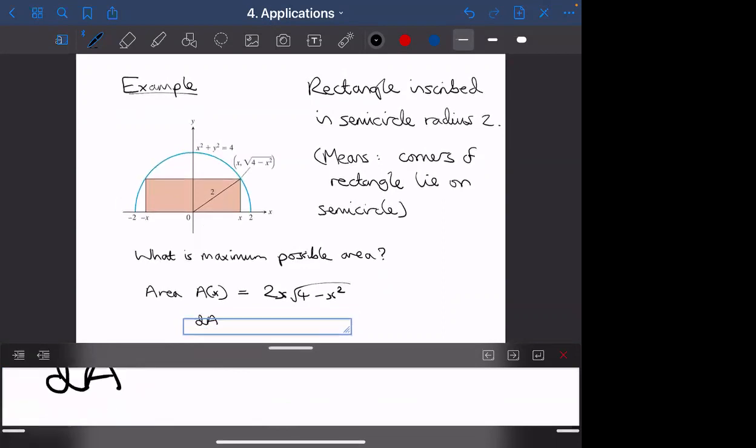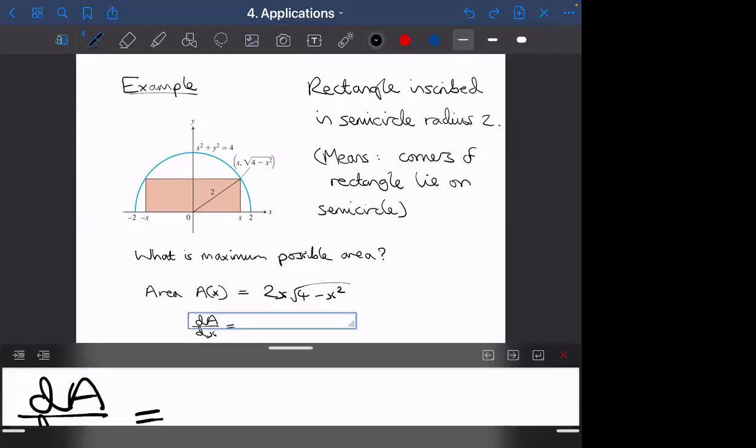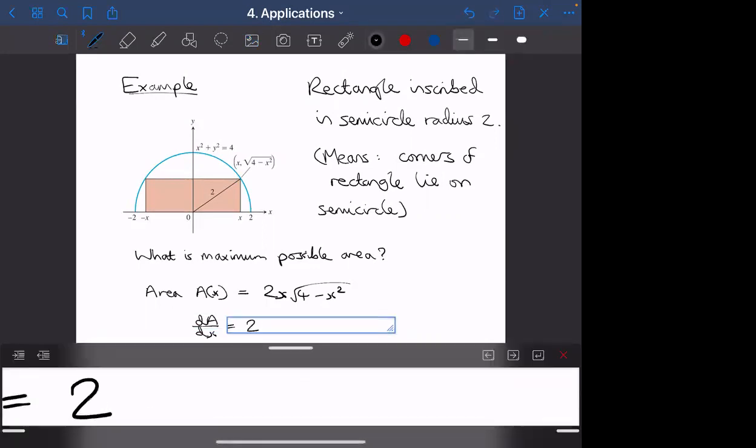And then dA by dx is, I'm using the product rule here. It's 2x times the derivative of the square root.